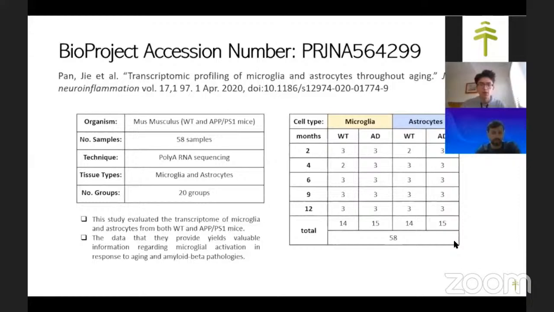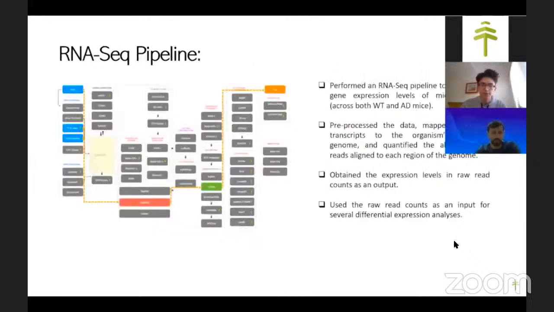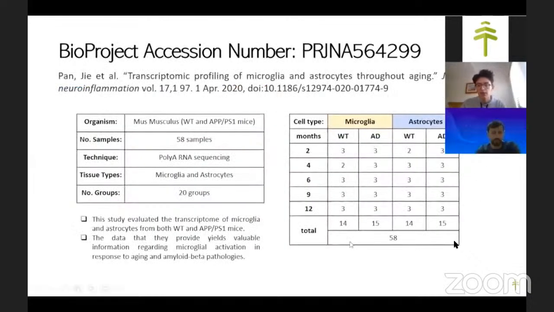And so we can really see how these amyloid beta plaques are changing the transcriptomic profile of microglial cells, and to see whether there is truly a neuroinflammatory response due to the development of these pathologies. So based on these files they provided, I decided to just focus on the microglial cells.